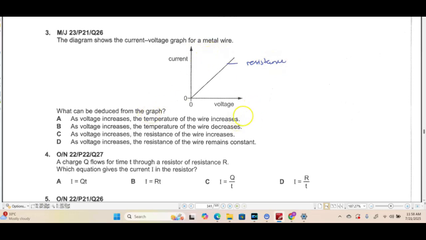The voltage is increasing and the resistance remains constant because it is a straight line graph. Whether temperature increases or decreases, that's for another time. When you look at the graph, you just get this idea. So this is the best option that you should select.